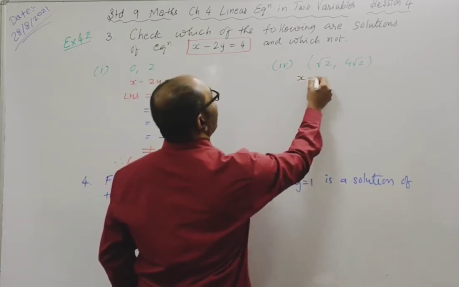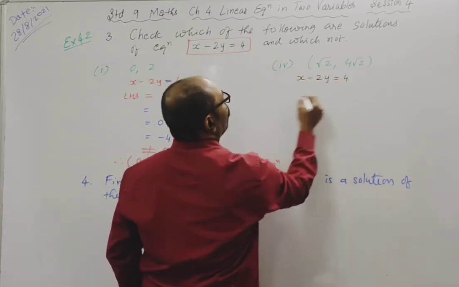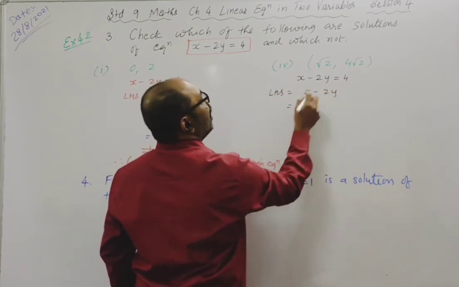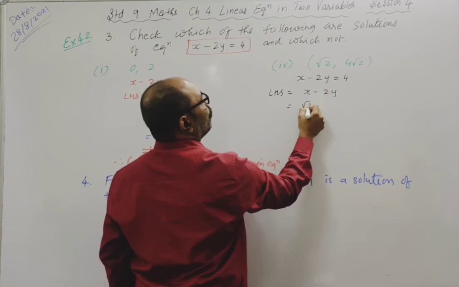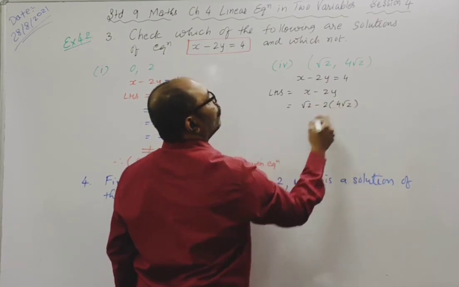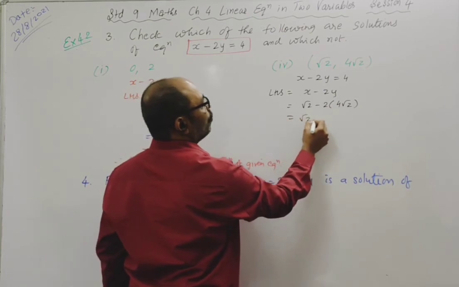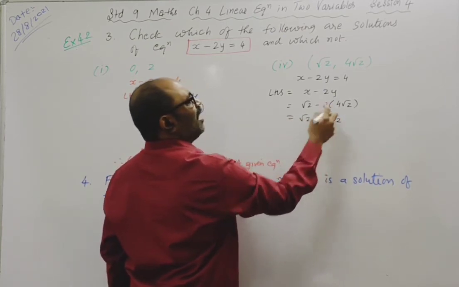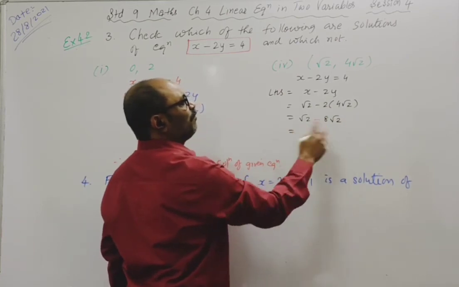इक्वेशन लिख देता हूं मैं. x minus 2y is equal to 4. चलिए लेफ्ट हैंड साइड इज व्हाट? x minus 2y. x क्या लेना है? √2 minus 2 into 4 √2. So that is √2 minus 4 2s are 8 √2 है ना. These are like terms, different signs.